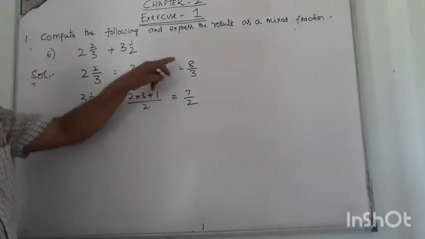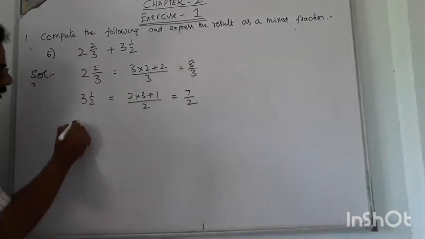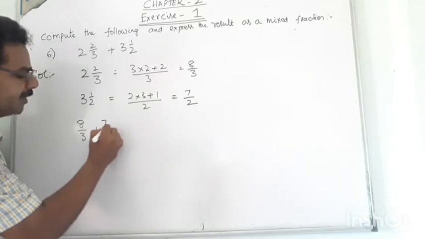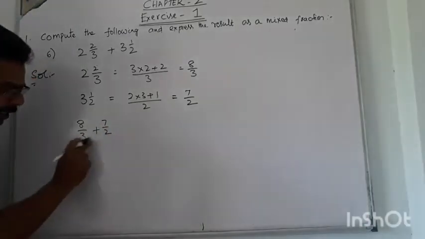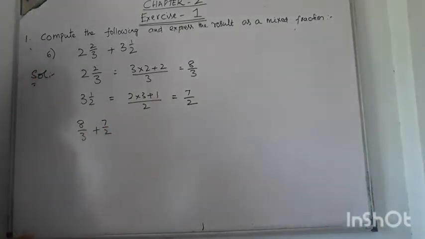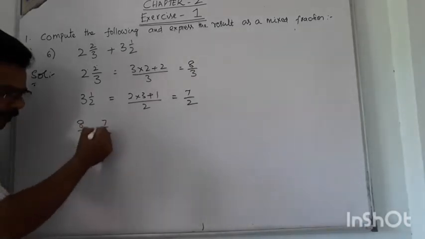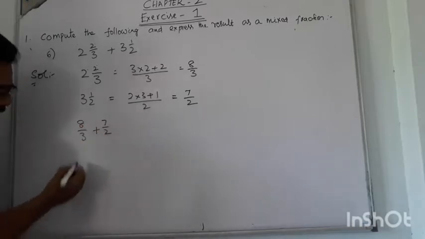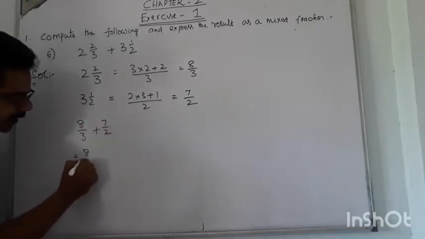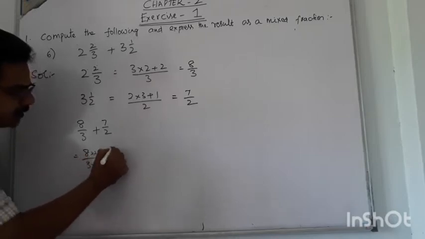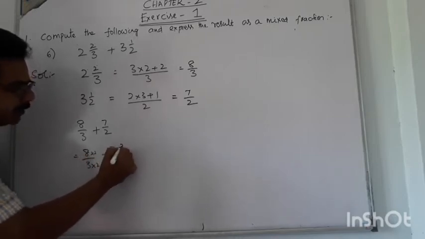So these are the improper fractions we got. So we have to find 8 by 3 plus 7 by 2. Here the denominators are 2 and 3. For 2 and 3 there are no common factors. That's why this fraction is multiplied with 2 and this fraction is multiplied with 3. Okay, we can do 8 by 3 into 2 plus 7 by 2 into 3.